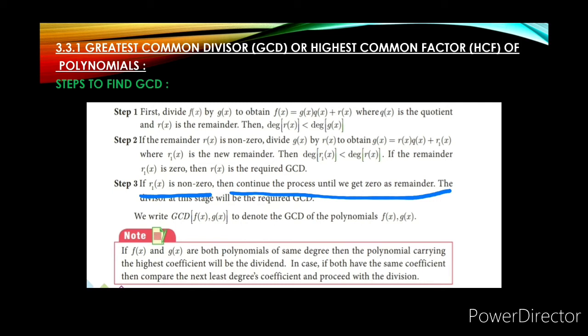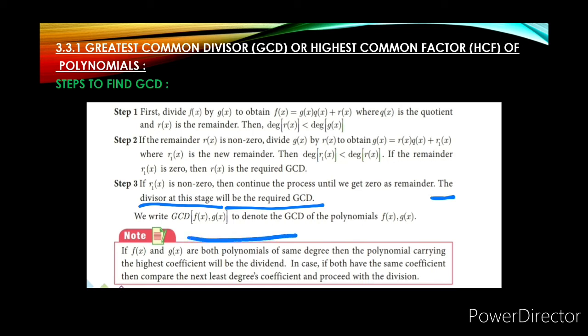I already told you, we continue this process until we get the remainder 0. So, the divisor at this stage will be the required GCD. In whichever stage we get the remainder 0, the divisor in that stage is called the GCD. So, we write GCD of f of x and g of x to denote the GCD of the polynomials f of x, g of x.